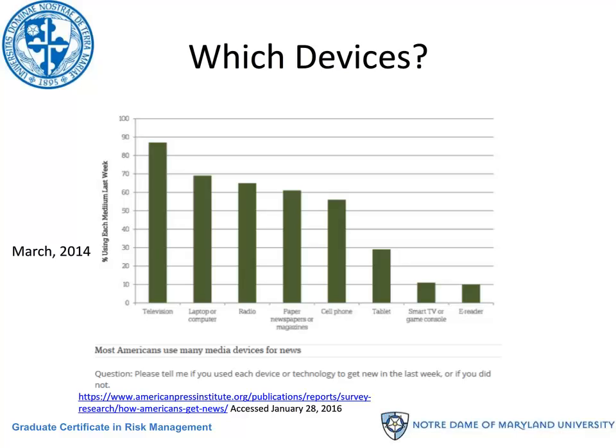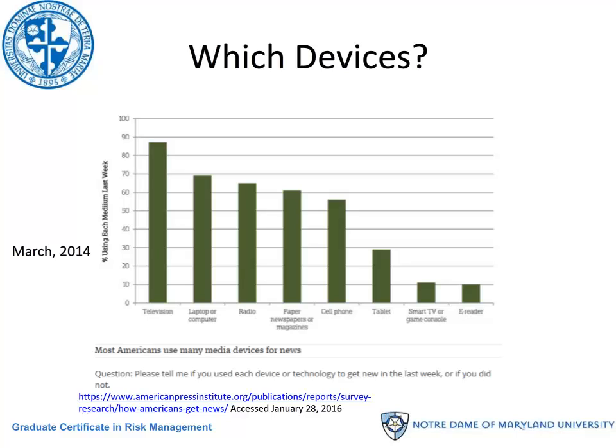A few decades ago, if you were going to communicate with the public, television, radio, and newspaper would be the media that you would have to master. You can see from this survey that the number of devices people use now is far greater in number. The laptop or computer is the second most common way of obtaining news information.